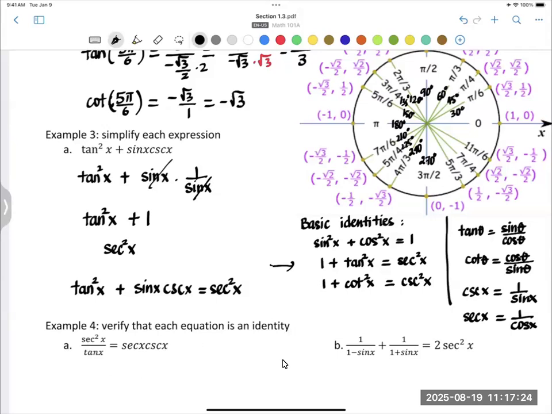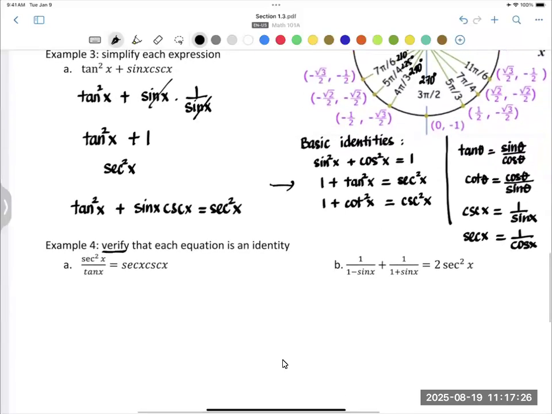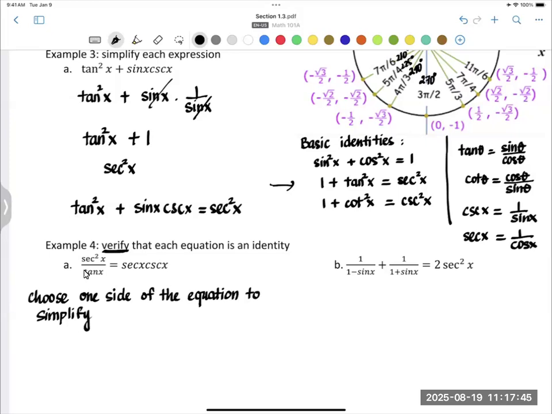To verify each equation, we first choose one side of the equation to simplify. Can we choose any side we want? Yes, you can choose any side you want, but the trick is to choose the one that looks more complicated, so you have more things to simplify.